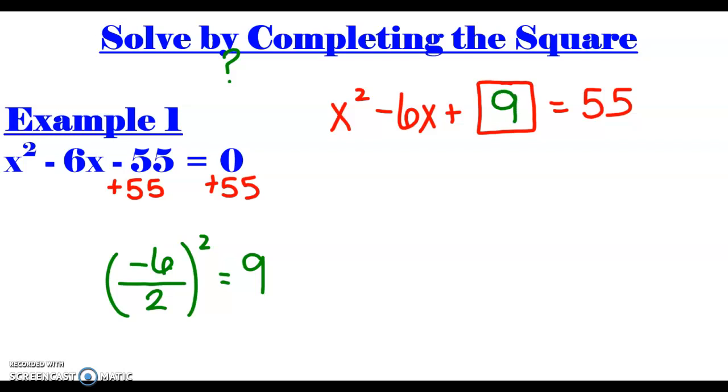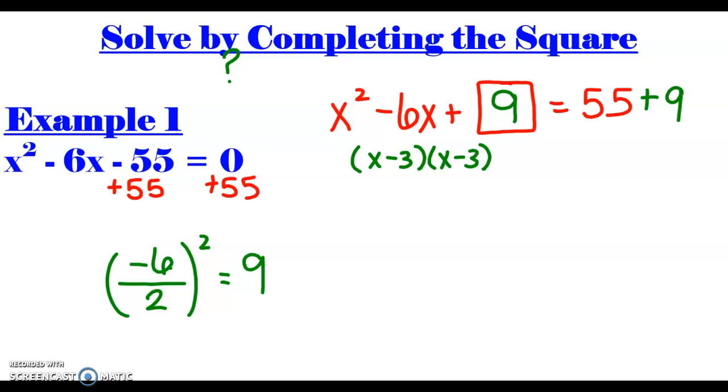And if I add 9 on the left, I'm going to have to add 9 on the right. Because then this is a perfect square trinomial. When I factor this, you can see I'm going to get x minus 3, x minus 3. So magical c is the creator here of the perfect square trinomial. So then your factors are the same.